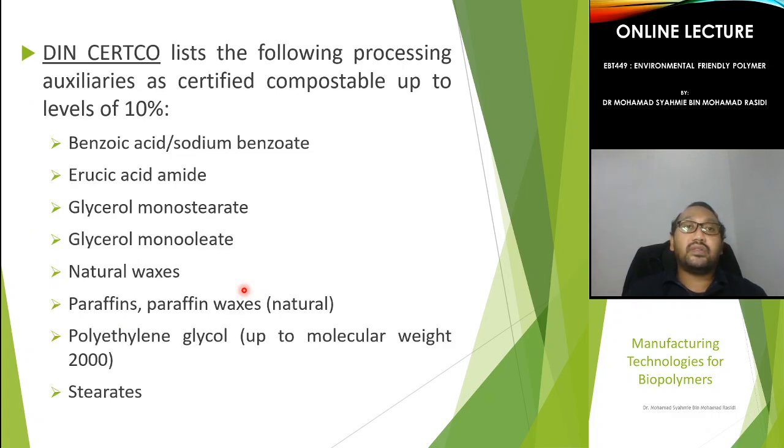The DIN CERTCO lists the following processing auxiliaries as certified compostable up to a level of 10%. So when you use these additives, they can only be used up to 10% according to DIN CERTCO. The materials are benzoic acid or sodium benzoate, uric acid amide, glycerol monostearate, glycerol monolaurate, natural waxes, paraffin waxes, polyethylene glycol, and stearates.